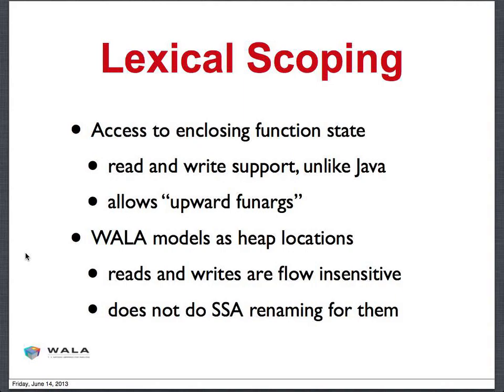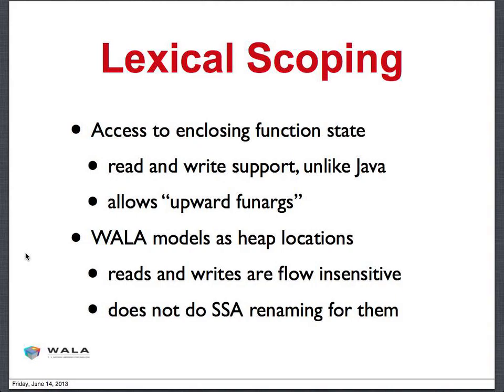In JavaScript, we don't have that freedom because it's read and write support, and we also allow, for those of you to whom the phrase upward funarg is a meaningless buzzword, just ignore it. If it's not, JavaScript does allow those.